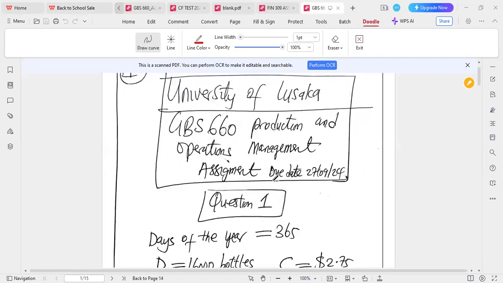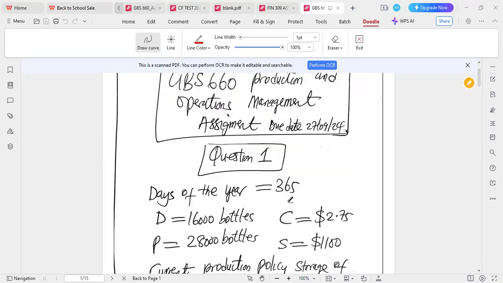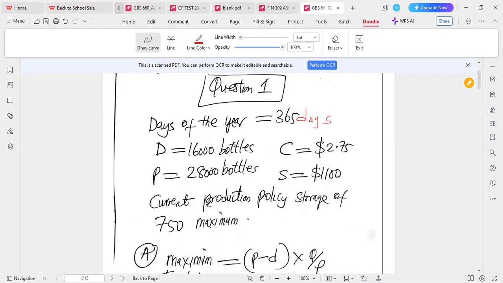The days of the year are 365 days. And of course, the annual demand is 16,000 bottles. The holding cost or carrying cost is 2.75.